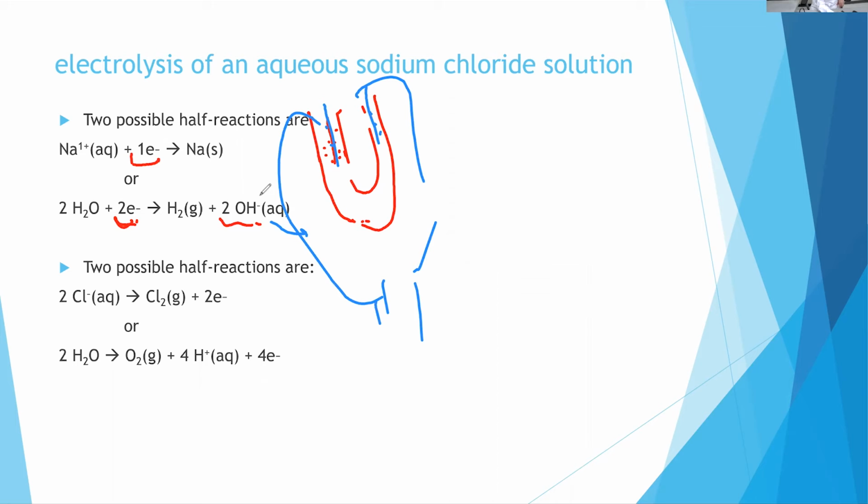If the pink color appears on one side, that means on that side water has been reduced. So when you see the pink color, that's an indication that water has been reduced. In any given reaction, water is either reduced or oxidized.